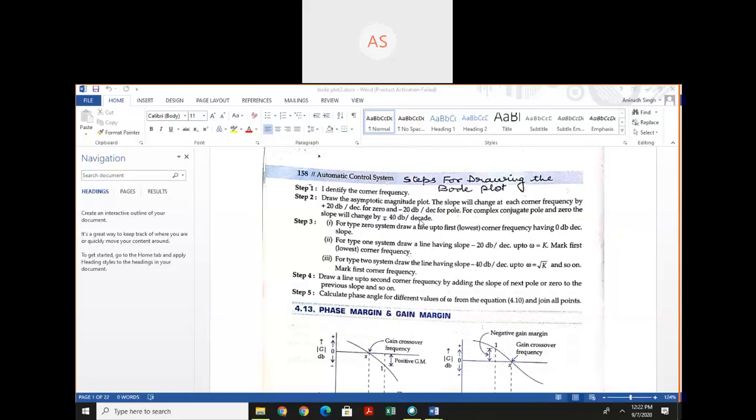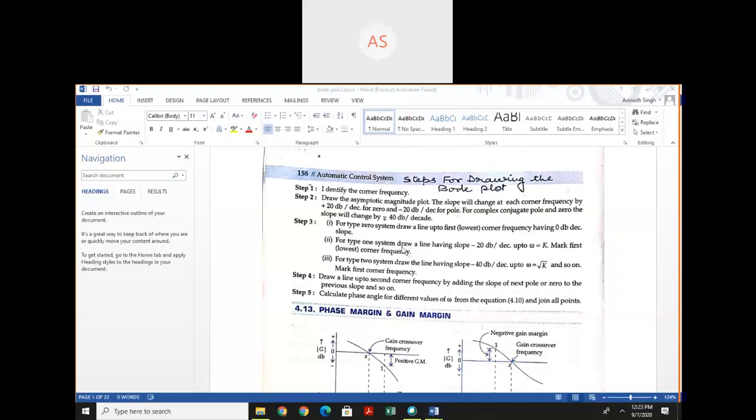Okay. Then for a type 0 system, draw a line up to the first corner frequency having 0 dB per decade slope.